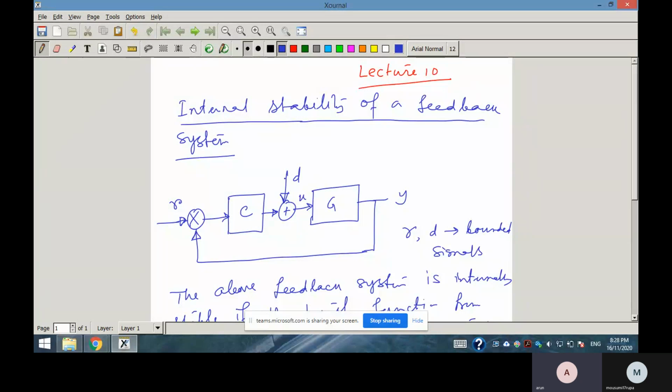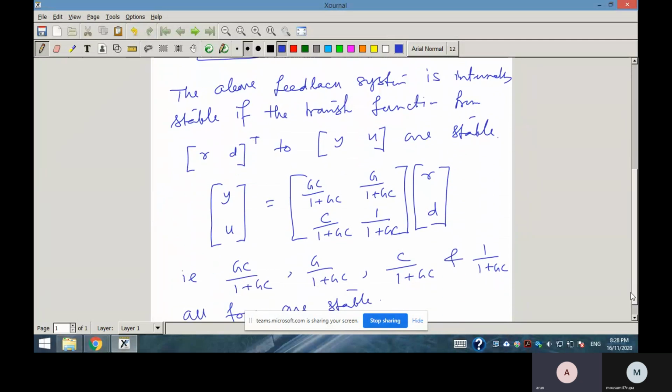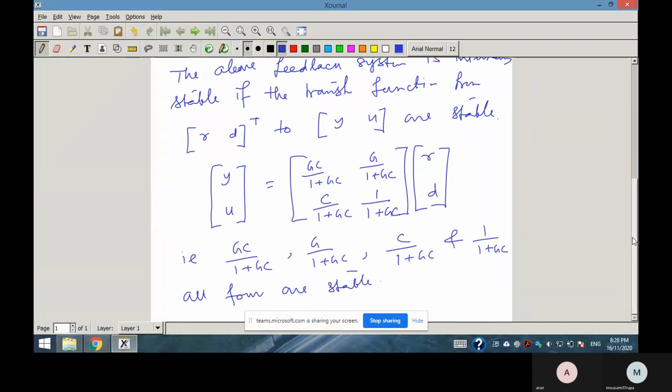Your feedback system may become internally unstable if any of these four transfer functions is unstable.